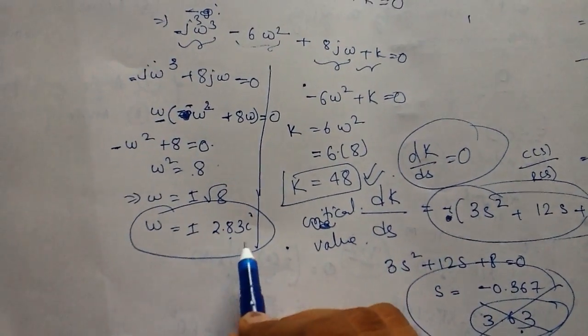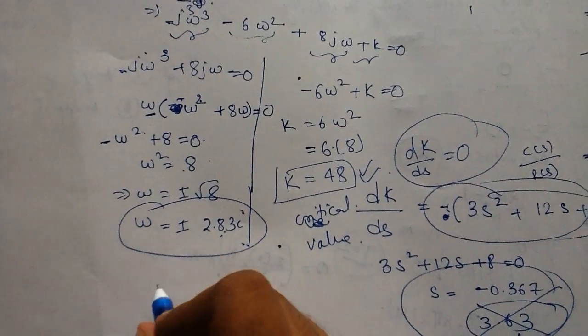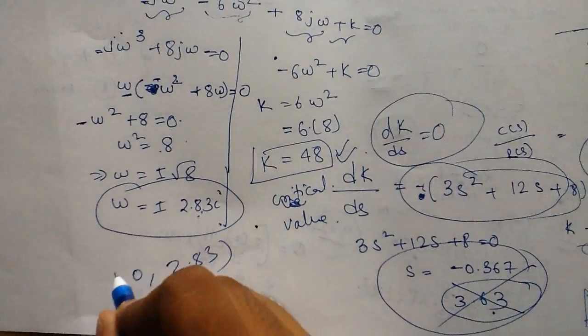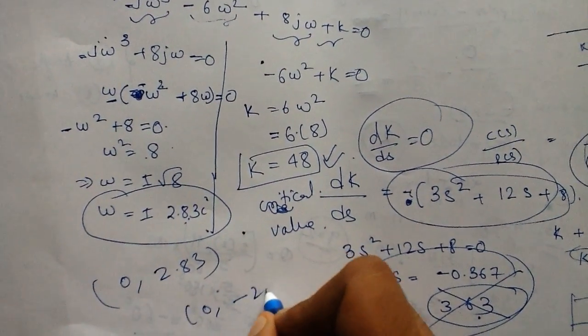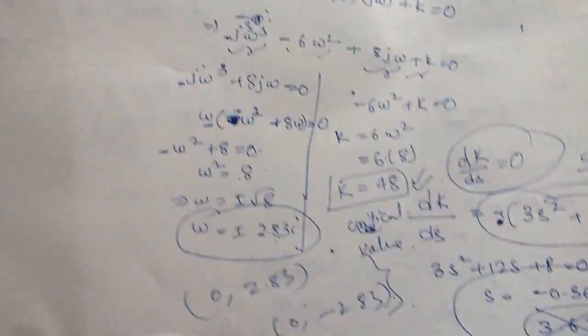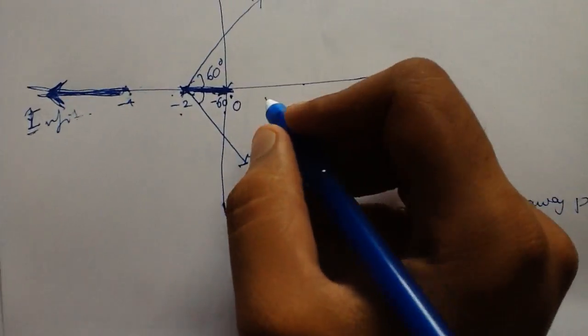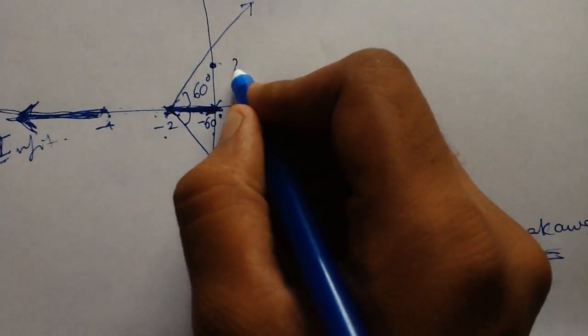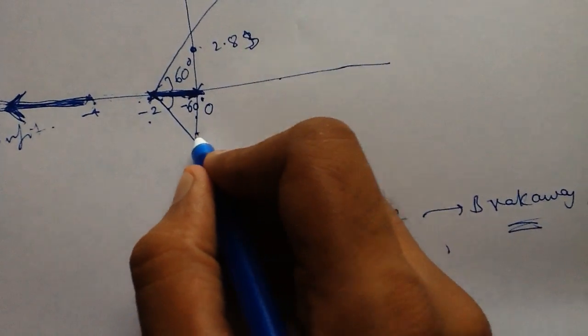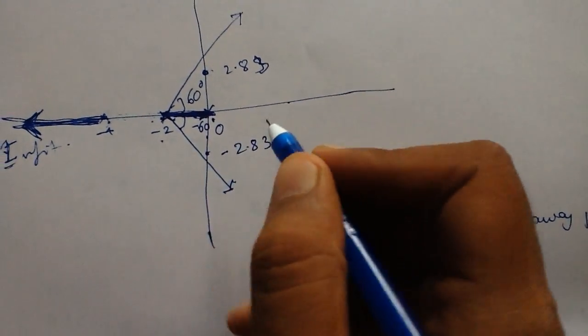All we need is this intersection of the points, which is 0 comma 2.83 and 0 comma minus 2.83. So these are the 2 points where the root locus is going to meet the imaginary axis. So I'm going to mark them here. This is 2.83 and this is minus 2.83.